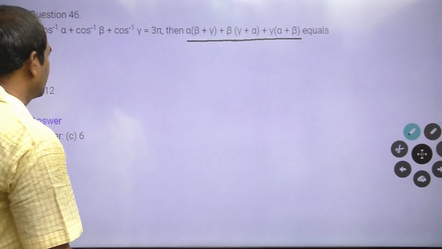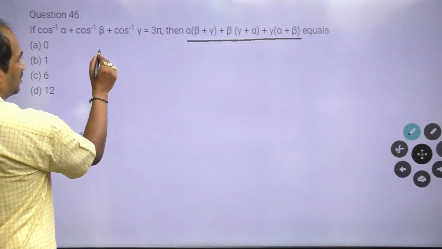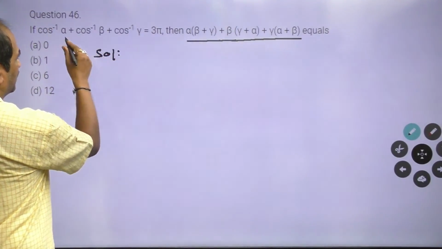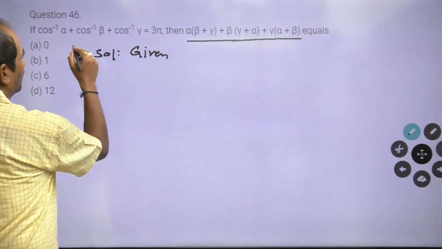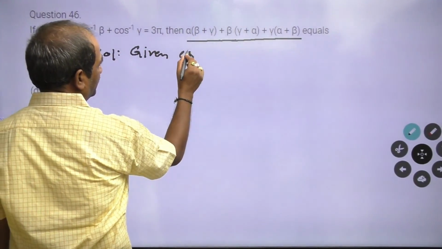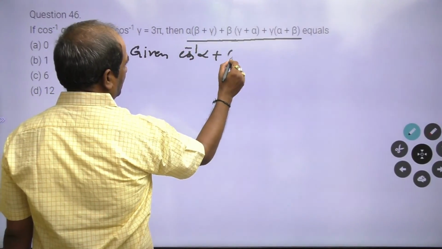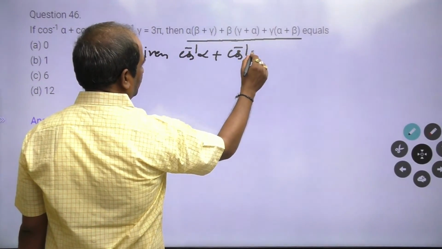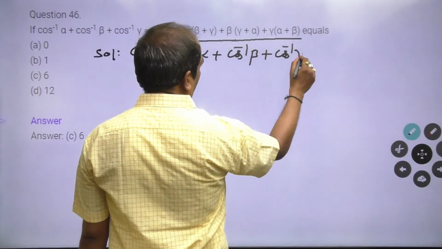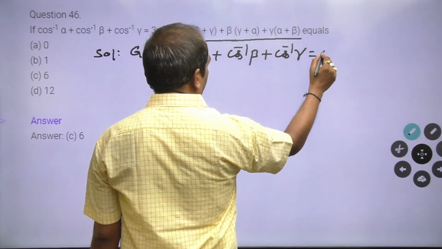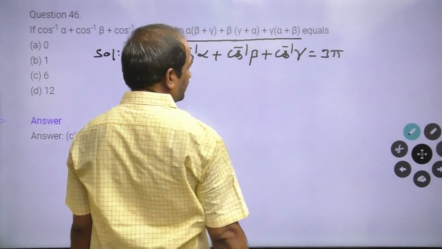First take the given data: cos inverse alpha plus cos inverse of beta plus cos inverse of gamma is equal to 3 pi.